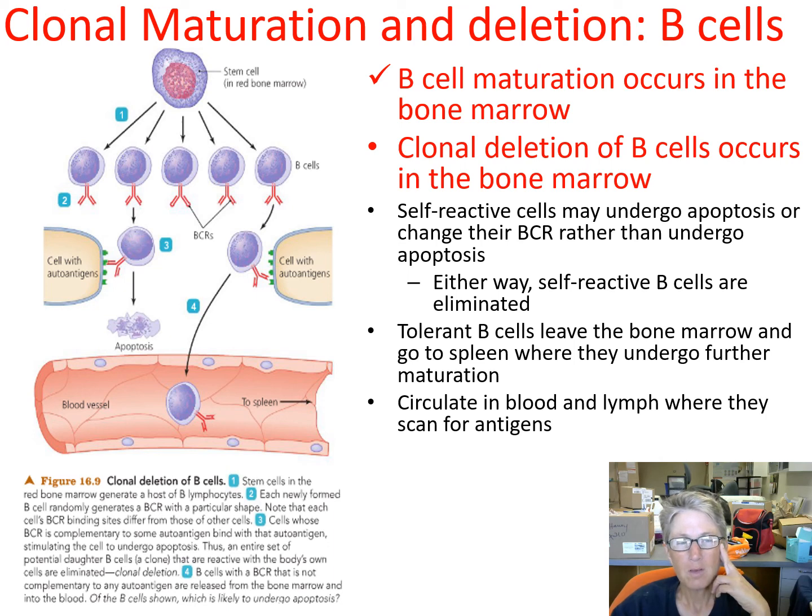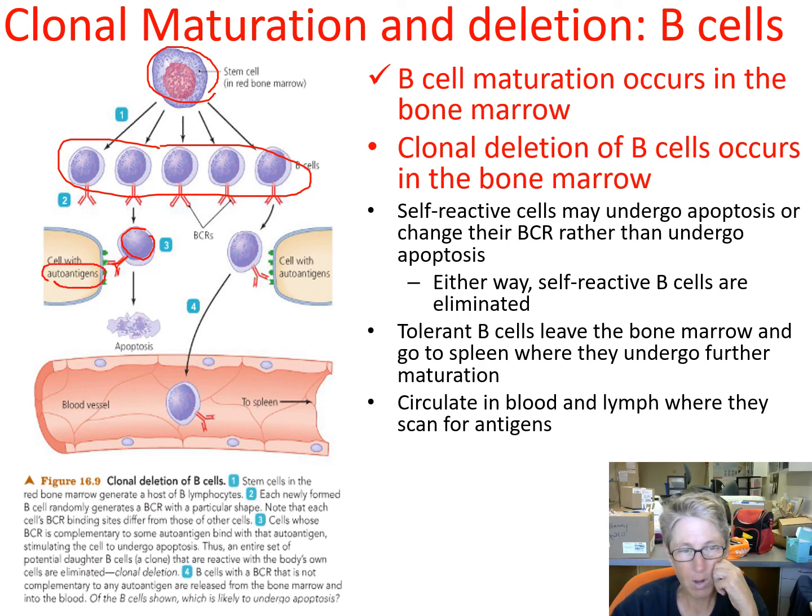So this is a cartoon. Here's a stem cell in the red bone marrow. So they make these B cells, and they want to become mature B cells. So it shows here if this B cell generated a B cell receptor and it recognized a self or autoantigen on a cell, it dies via apoptosis.